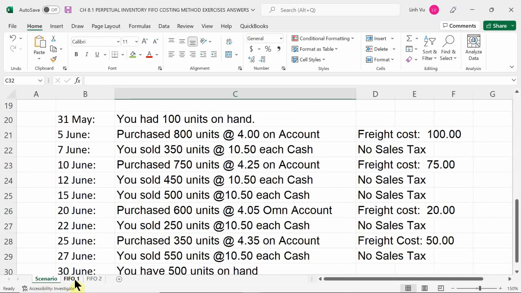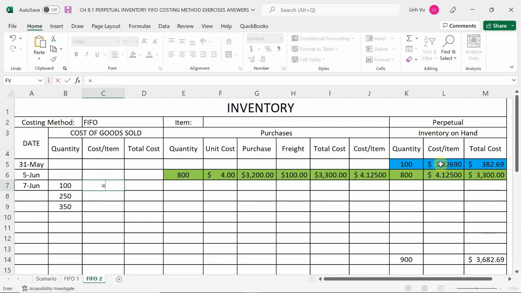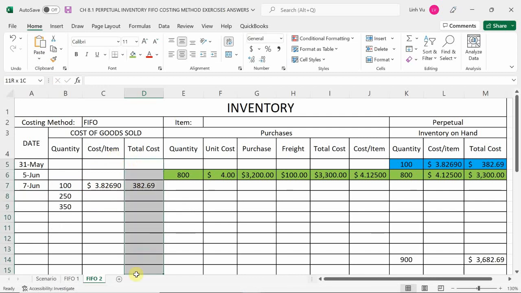So I need to get rid of my very first batch of inventory, my blue batch, which we already know is a grand total of $382.69. Let's go ahead and get rid of this blue batch here.